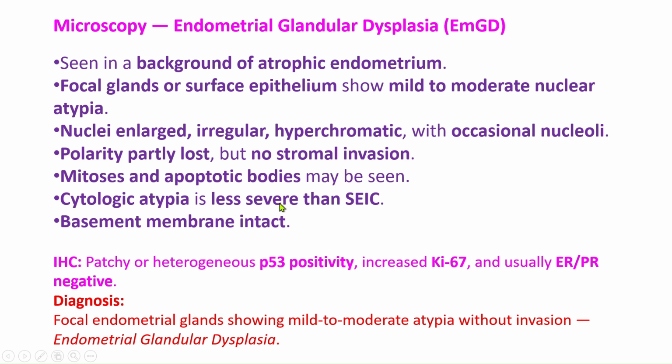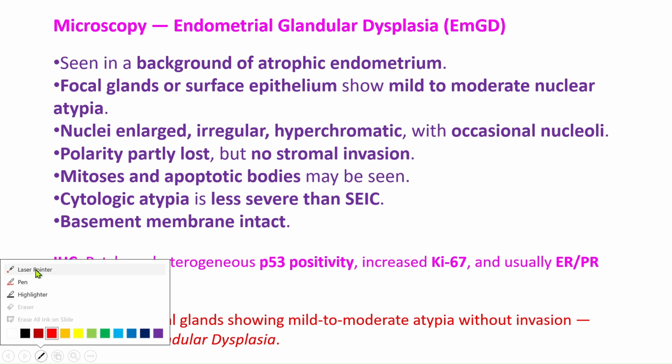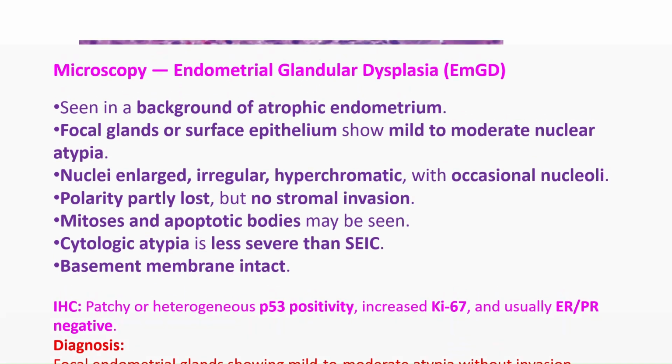Cytological atypia is less severe than SEIC and the basement membrane is intact. The IHC panel we will discuss later in detail: P53, Ki67, and ER/PR generally negative. Diagnosis: focal glandular involvement showing mild to moderate atypia without invasion, with the basement membrane intact. So this is endometrial glandular dysplasia.